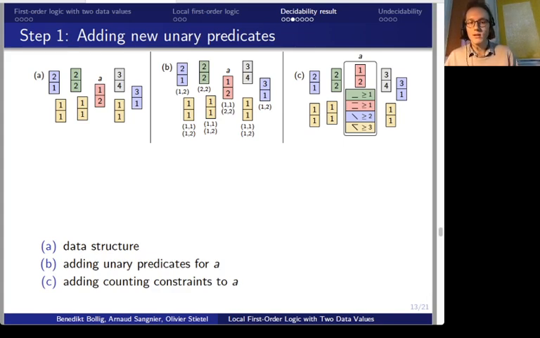The red one has the first data value the same as the first and the second the same as the second, and we have only one, namely A, and so on.